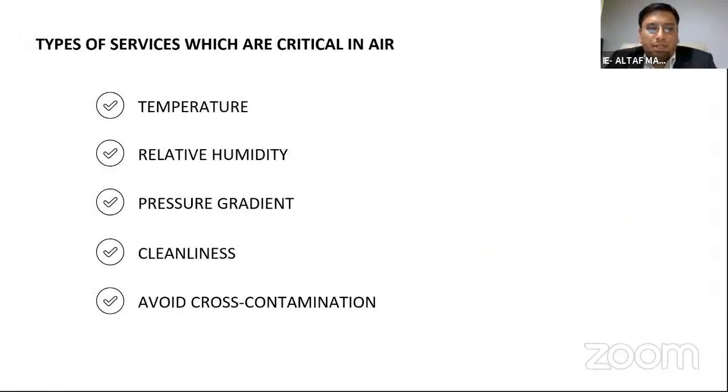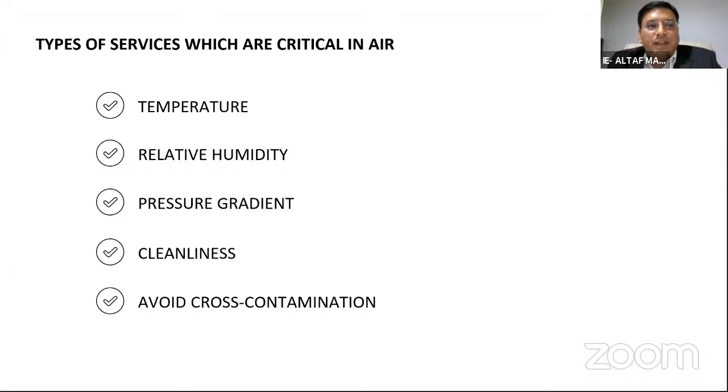Now, designing of air is very critical, as I mentioned earlier. In air we have to design to control the following parameters: temperature, relative humidity, pressure gradient, cleanliness, and cross contamination. Temperature and relative humidity differ for different applications and products.